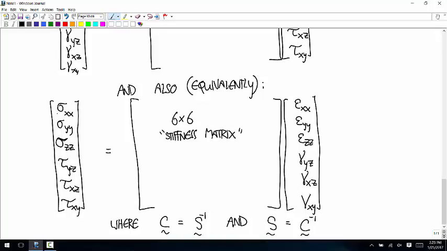Sigma is stress. People always use sigma for normal stresses. Sometimes they use taus for shear stresses, and sometimes they use sigmas for shear stresses. So sometimes they make these all sigmas, sometimes they break them up like this.